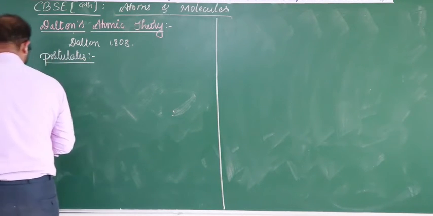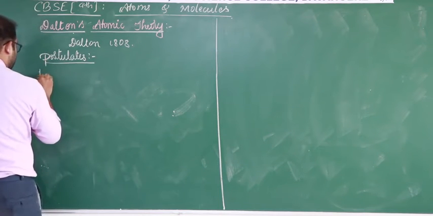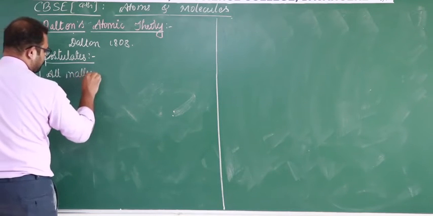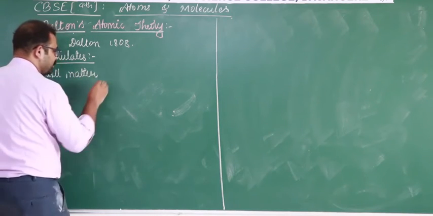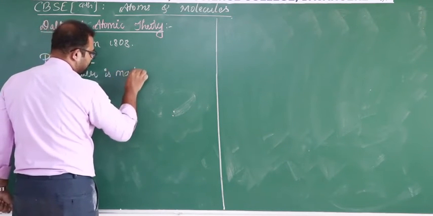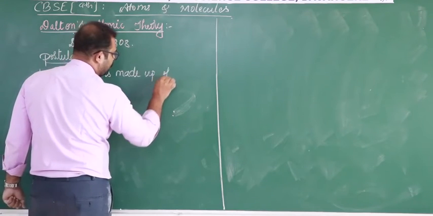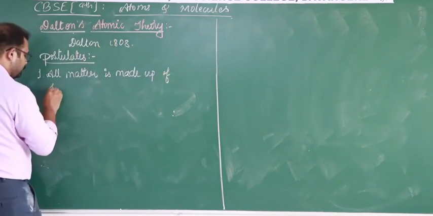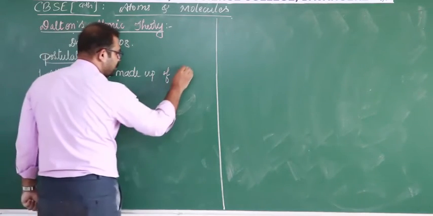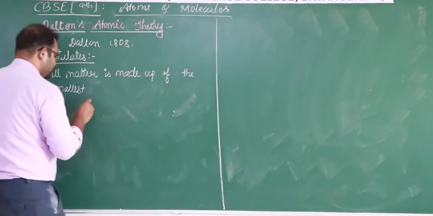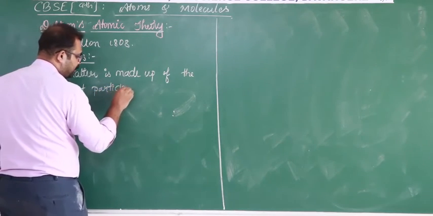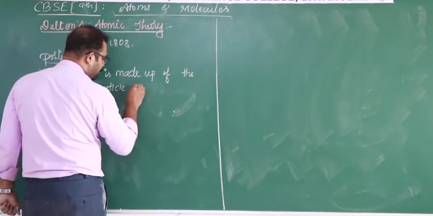According to this, the first one is that all matter is made up of the smallest particles called atoms.